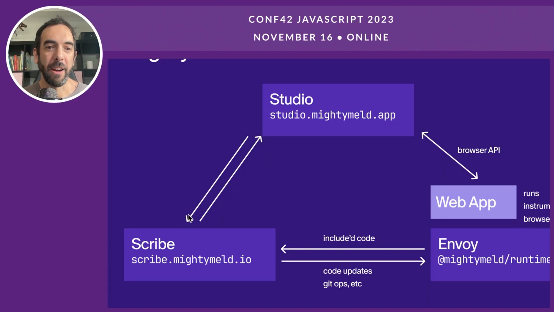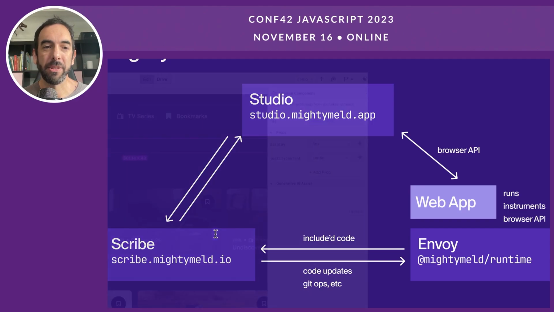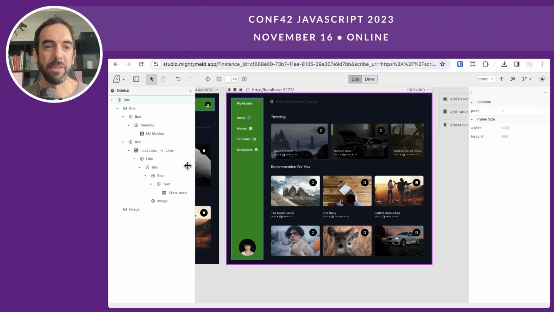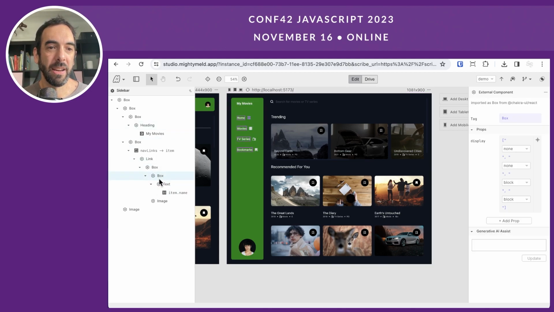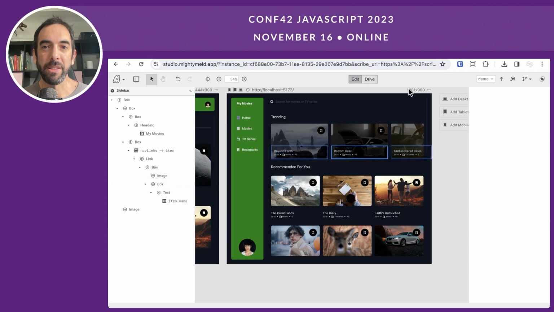Then the Scribe figures out what the new code needs to be, passes the code update over to Envoy, and also passes updated representations to Studio, so Studio can update this tree. If I drag this, it gets a new tree from Scribe and also updates the code and takes advantage of hot reload to make the app actually update.